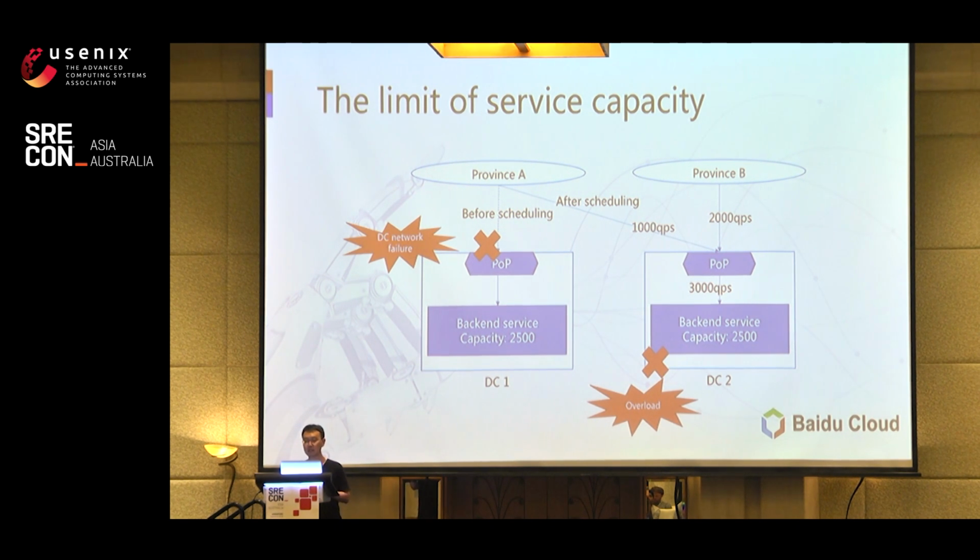The original request to data center 2 is 2,000 QPS, and the capacity of the backend service is 2,500 QPS. When the traffic of province A comes in, the total incoming requests become 3,000 QPS, exceeding its capacity. So the backend service is overloaded.